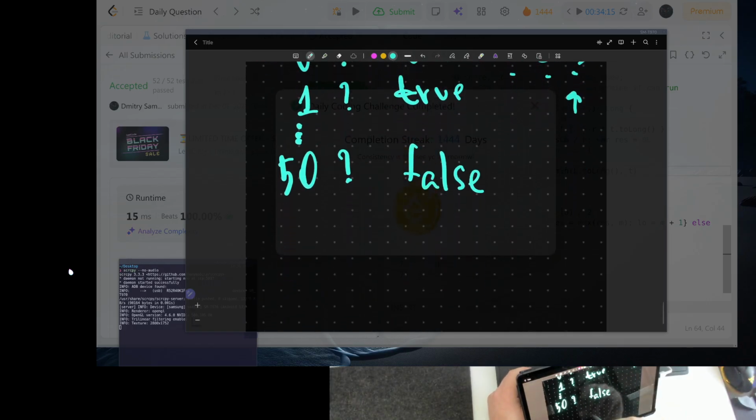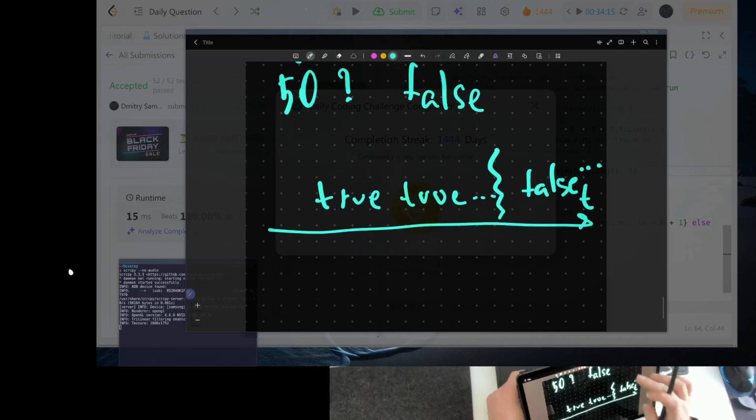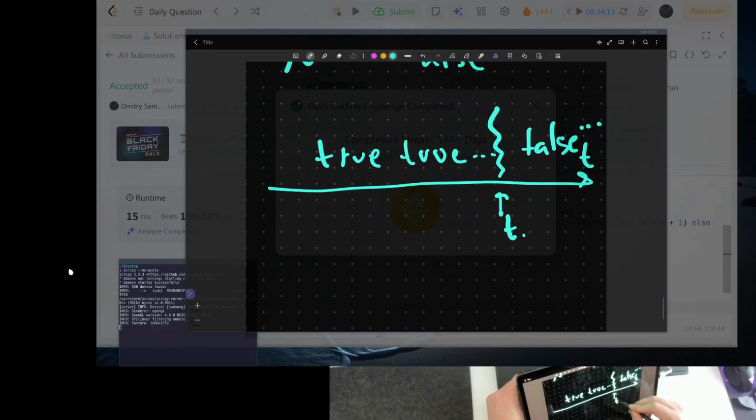So in this case, you have true, true, true as time goes, and eventually you have false, false, false, and so on. Some value of time where the true changes to false would be the maximum, and this is actually our answer.